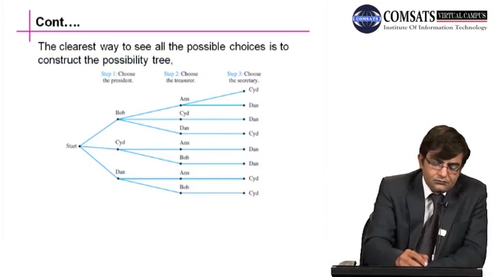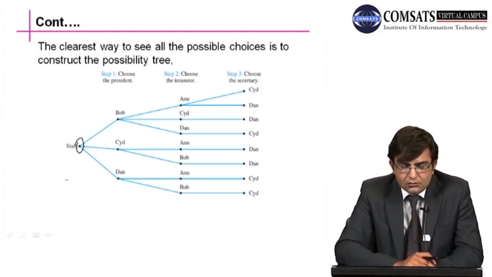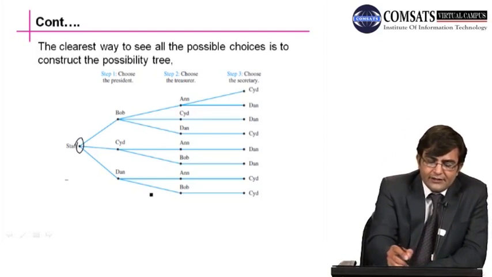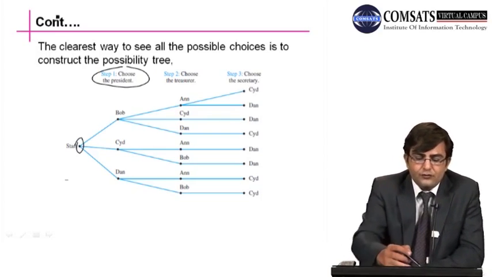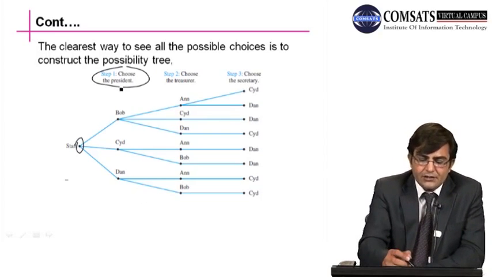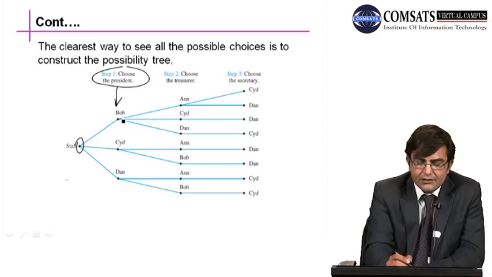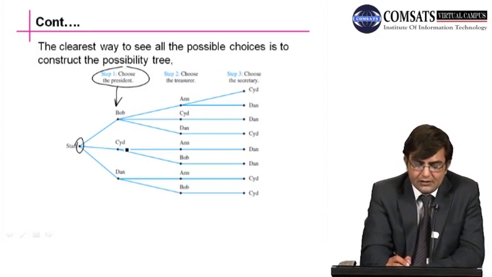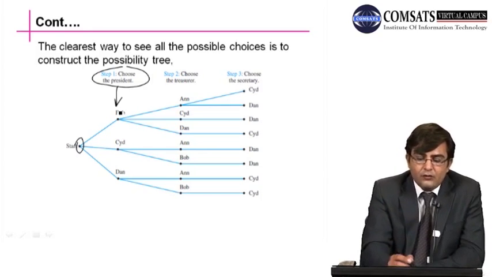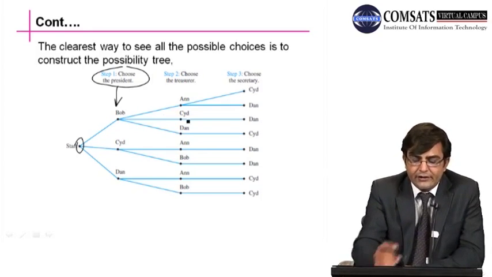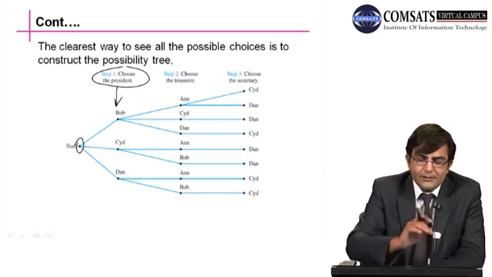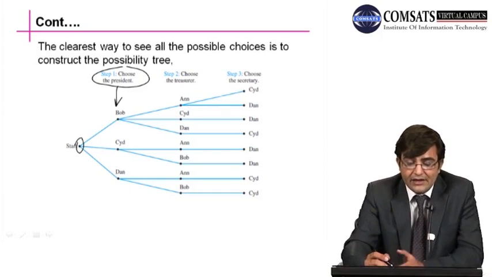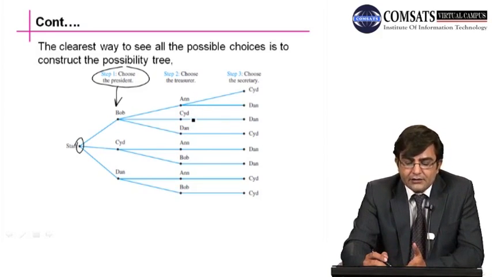At the start, the first step is to choose a president. To choose the president we have three possibilities: either Bob can be president, Sid can be president, or Dan can be president. Now further, to choose the treasurer, if Bob is the president we can choose treasurer as Anne, Sid or Dan, because there are three possibilities for a treasurer also.